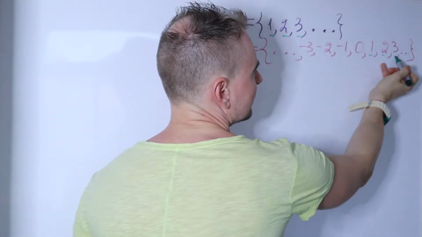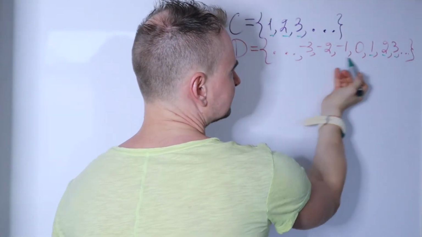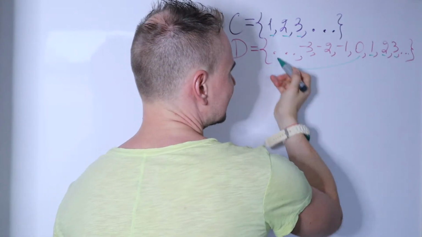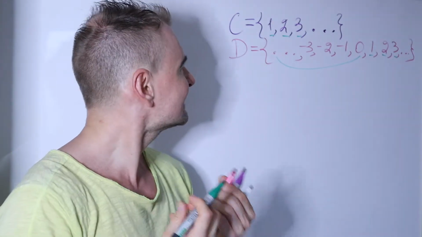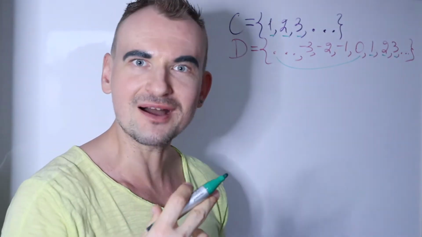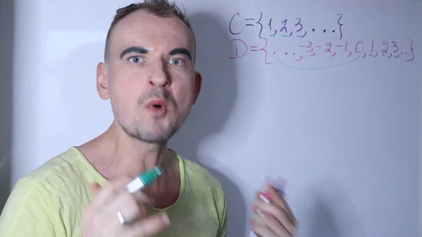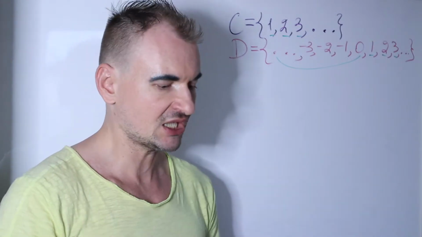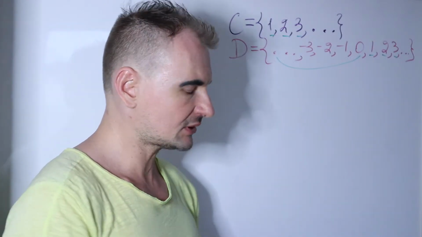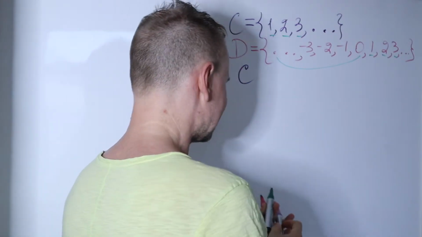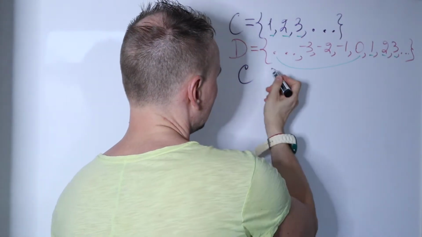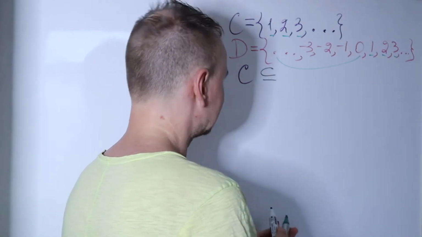So obviously your set C is a set which is smaller than set D. So we can conclude that set C is a subset of set D.